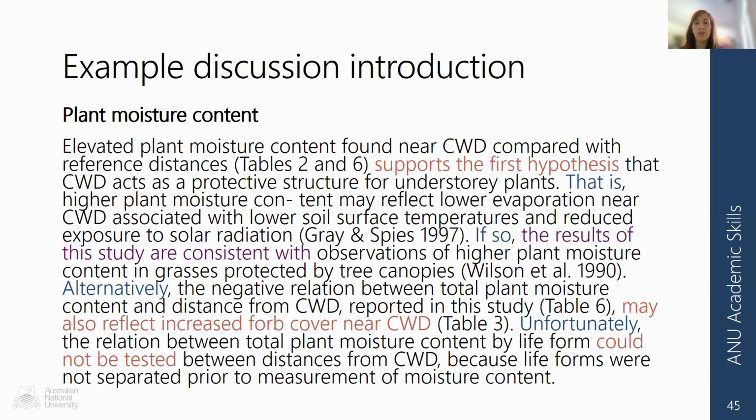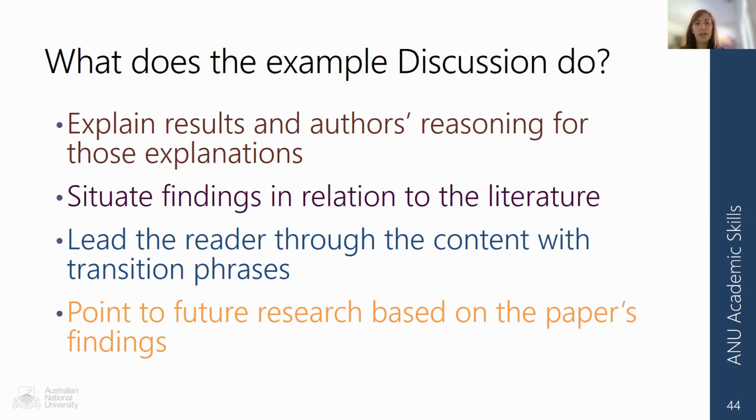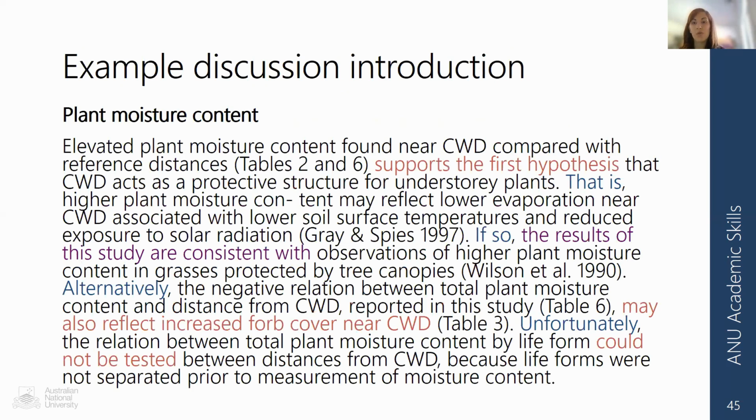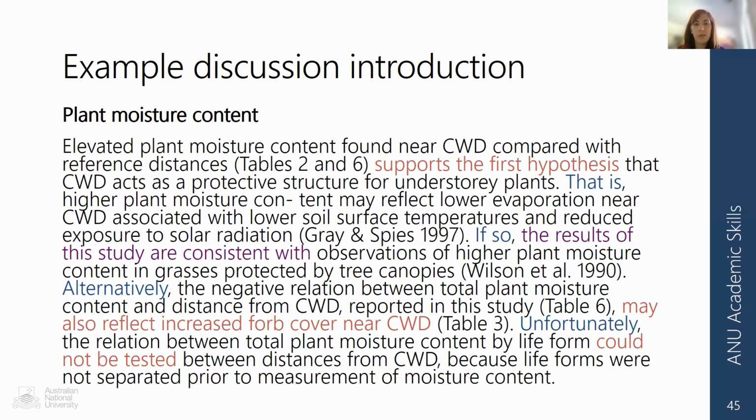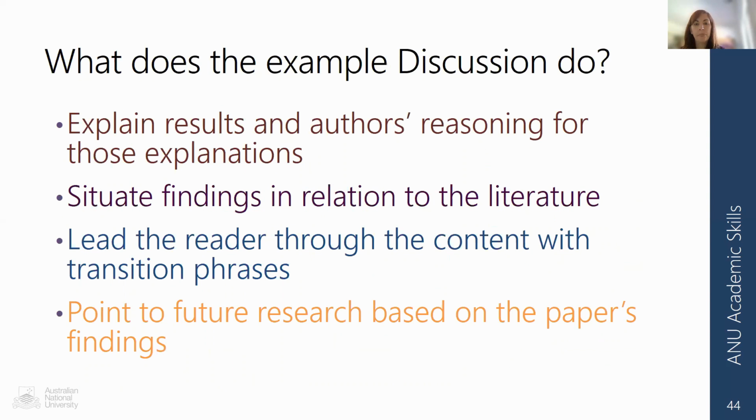So we can see there, they support the first hypothesis, and lead the reader through the content with transitional phrases. That is, if so, unfortunately, in the blue, giving us their stance, their attitude, leading us through, keeping us on track and clear about what they're discussing. They situate their findings within the literature. The results are consistent with, we see that in that example.